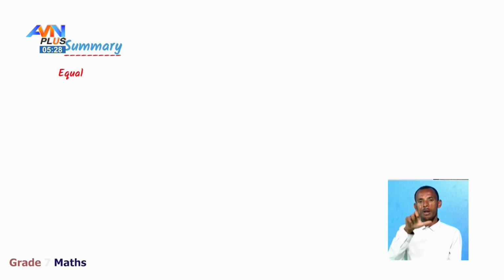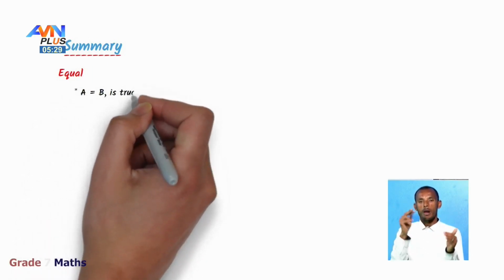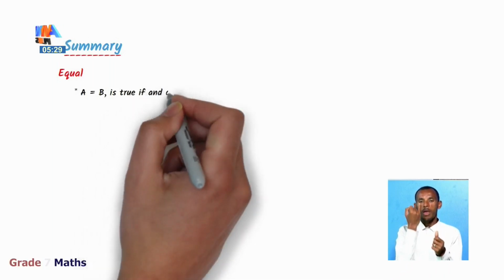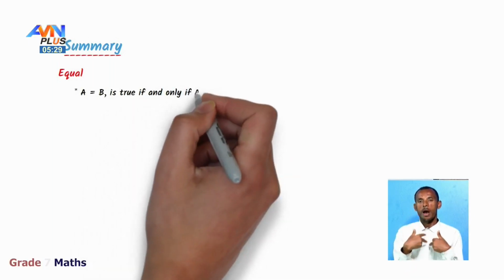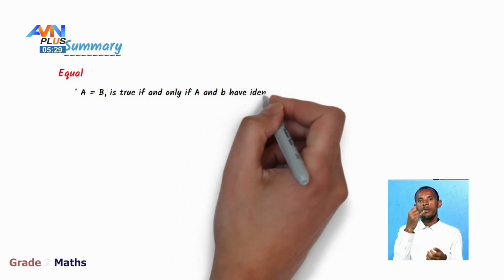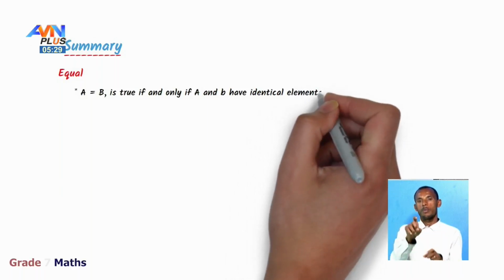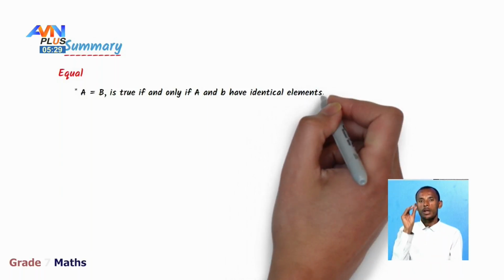Two sets A and B are said to be equal if and only if A and B have identical elements.